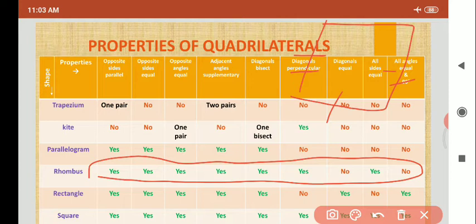So always first we will prove that this quadrilateral is a parallelogram, because every rhombus is a parallelogram. So if you want to prove either square, rectangle or rhombus, first you should prove that it is a parallelogram. Understand?